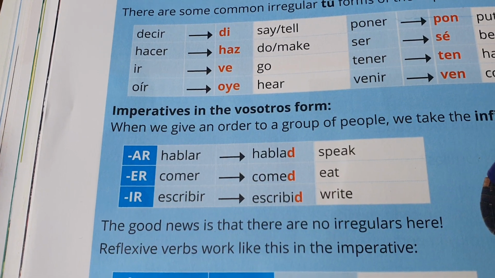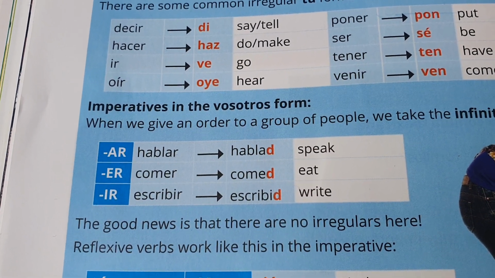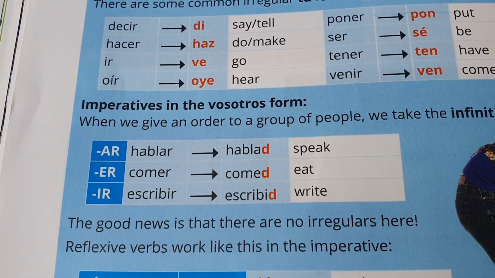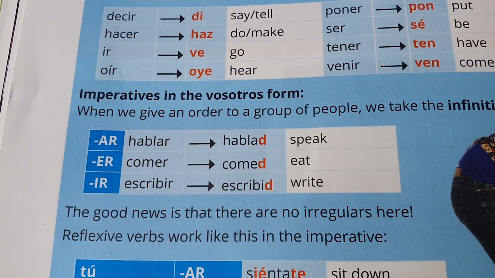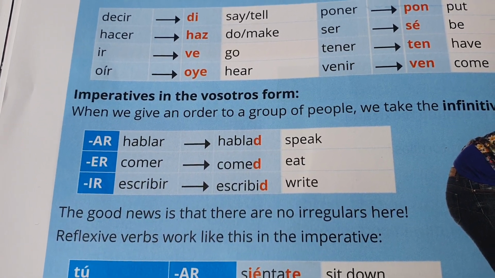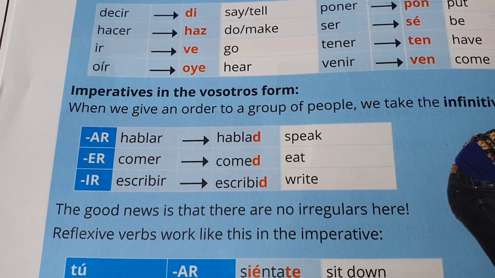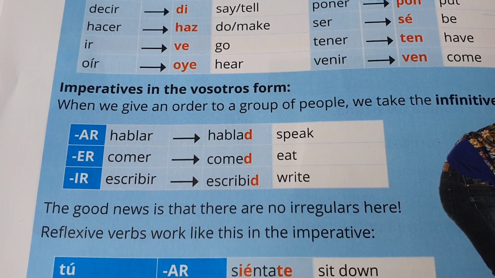So for example, hablar, drop the r, put a d, hablad, and it's pronounced like a th. Speak to more than one person. Comer, to eat, drop the r, put a d, comed. Eat to more than one person. Escribir, drop the r and put a d, escribid. Write to more than one person.